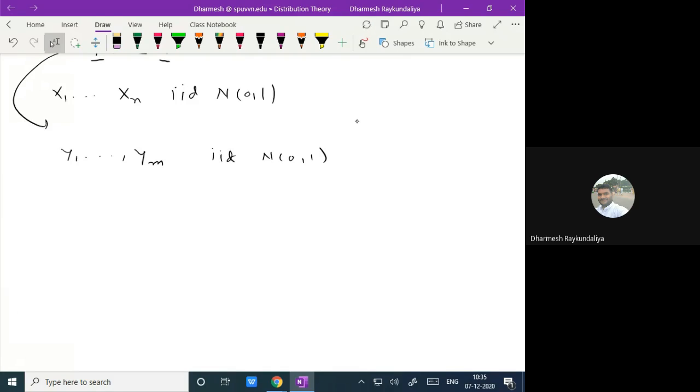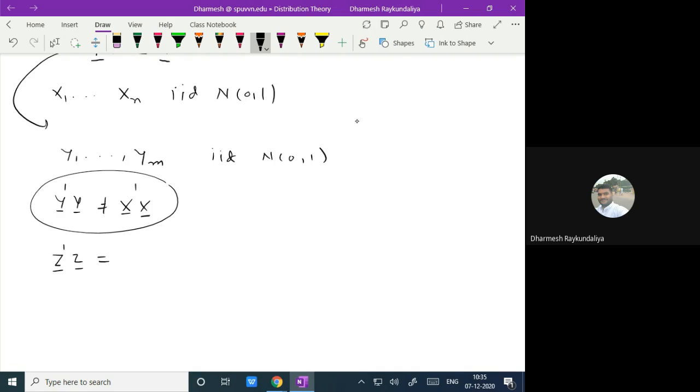And here we cannot write y transpose y is equal to x transpose x. That means this condition is not true. This is an incomplete orthogonal transformation. Then how many variables are not transformed? They are n minus m. So we call them z, and z transpose z is equal to x transpose x minus y transpose y.